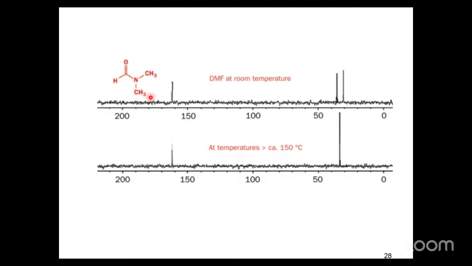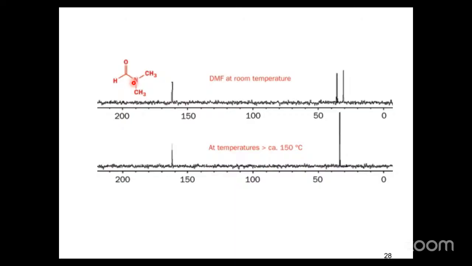But if you take the NMR at room temperature, you will see three peaks. Why three peaks? Because the nitrogen lone pair resonates between carbon and nitrogen, and the pi electrons move onto oxygen. So you can write the second canonical structure where the carbon-nitrogen bond now has double bond character.